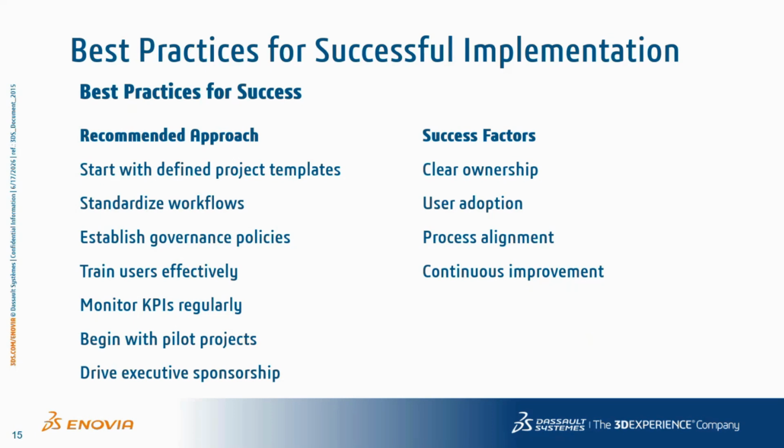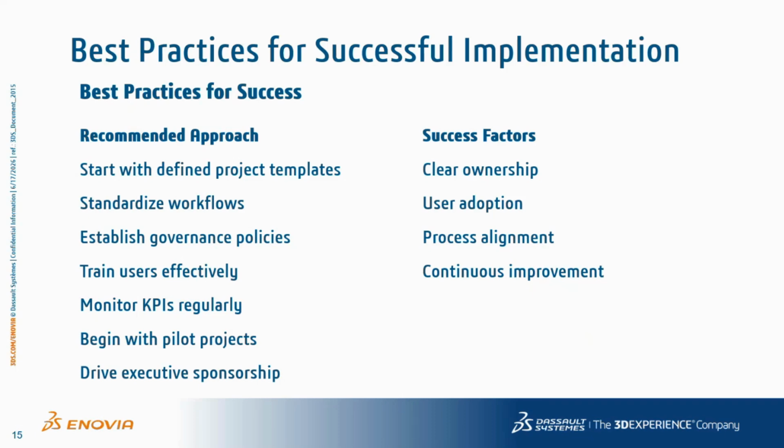The recommended approach: start with defined project templates. Predefine your work breakdown structure and categorize it as templates. Then standardize your workflows, establish governance policies, train your end users effectively, and monitor your KPIs regularly. Begin with pilot projects, then drive executive sponsorship.